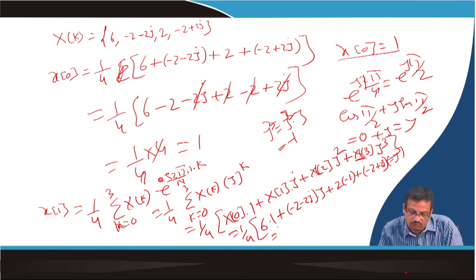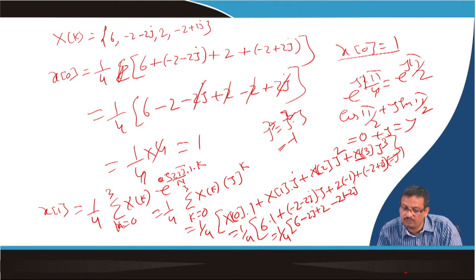Now if you calculate 1 by 4, 6, j minus 2j minus 2j square, minus 2j square minus 1, so plus 2, minus 2. Here will be minus j, so minus plus 2j and minus j, minus 2j square minus 1 plus 2, I think so. If you see, this will cancel, plus 2 minus 2.